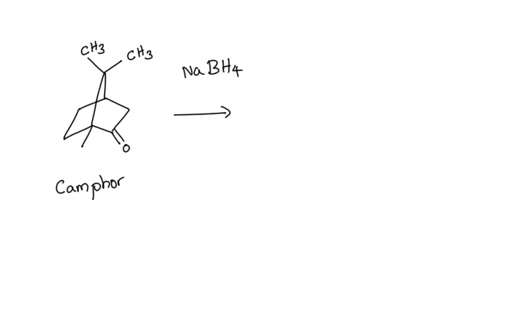Okay, so let's simply write H minus, and the H minus will attack this sp2 carbon. The geometry of the sp2 carbon, you all know that it's trigonal planar. Right?